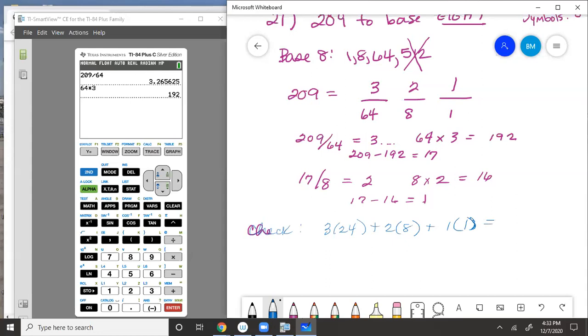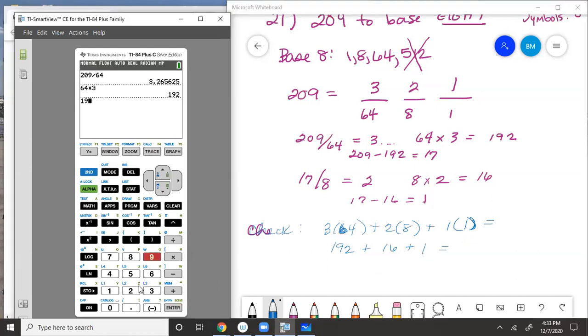And so 3 times 64 is 192 plus 16 plus 1.